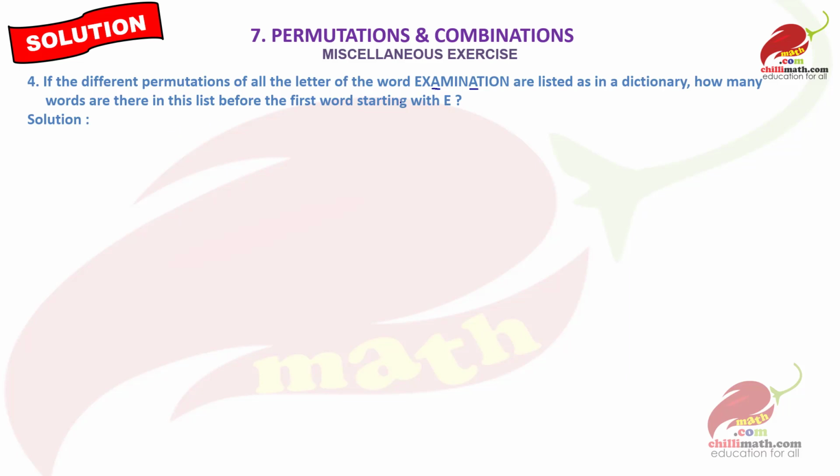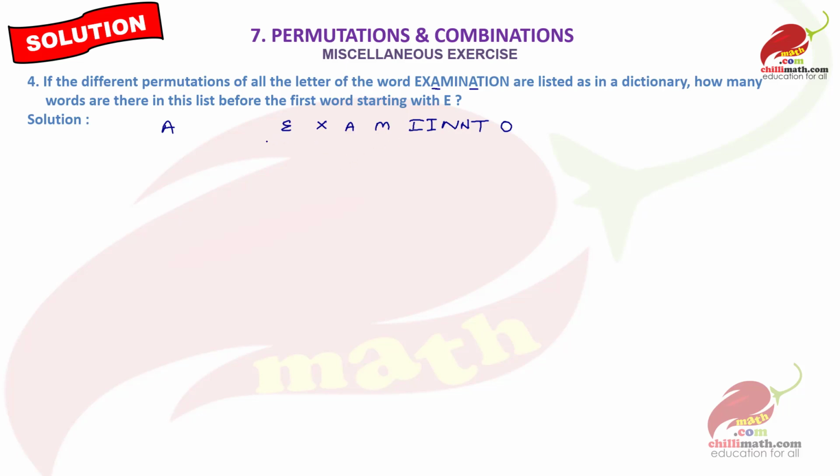So if we take this A and the rest of the letters toward this side: E, X, A, M, I, N, A (we have written one A already here), T, I again, O, N again.